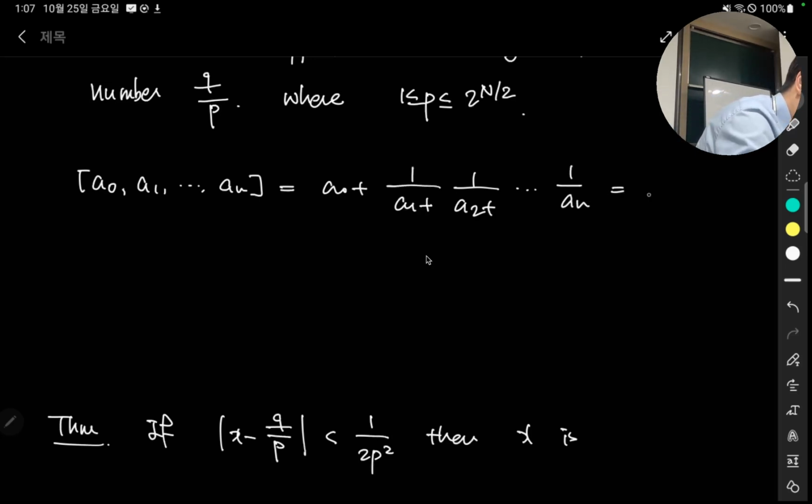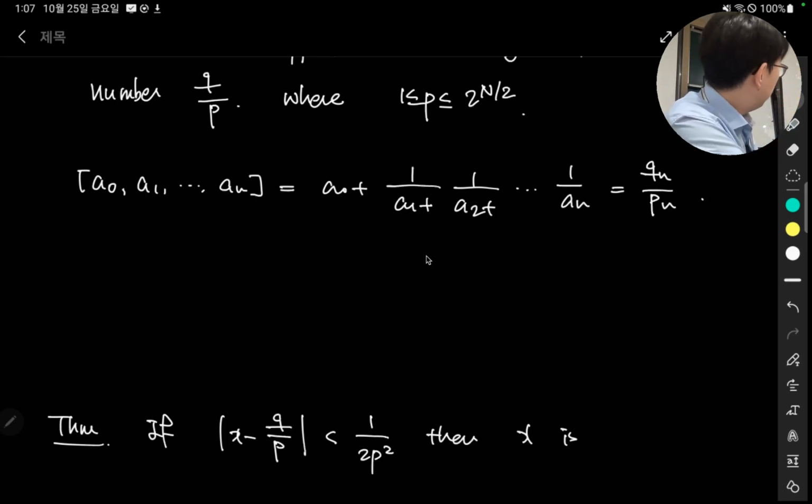Let's call this Pn over Qn. If we extend our sequence an further, every time we get another continued fraction, and therefore we get another rational number. So we can make a sequence of rational numbers by adding more numbers to the sequence.